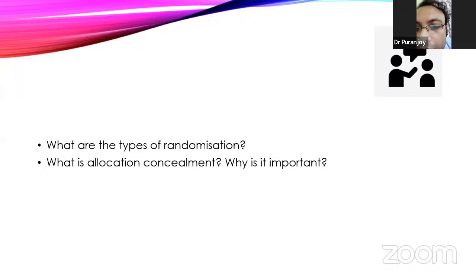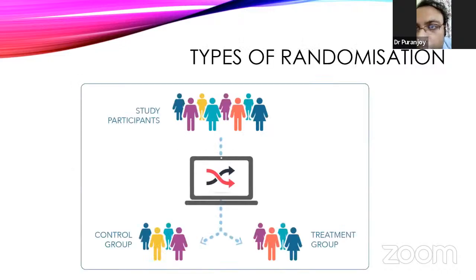For example, suppose in a trial there are various clinics acting as multi-center, and I allot a few of the clinics to have the study arm and a few of the other clinics to have the control arm. That is a cluster randomization. Block randomization is done to ensure that the number of participants is equal, because sometimes, if it's a small study, the numbers can be unequal and then interpretation of the result will be difficult. For large studies, it is not a problem.